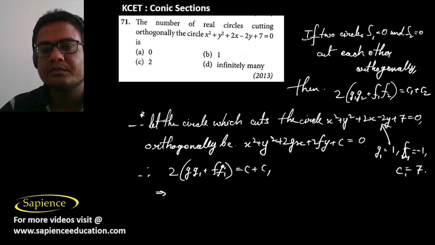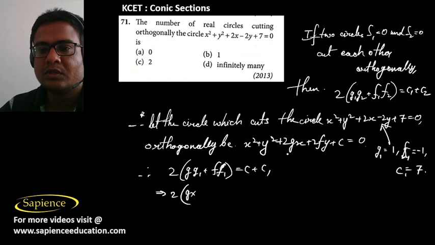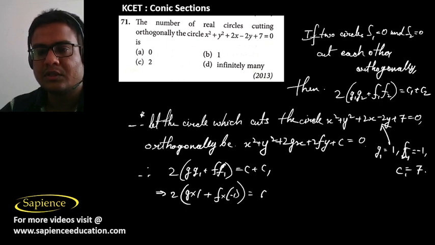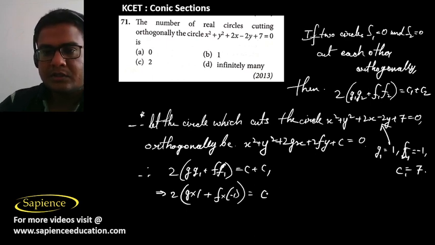So therefore we should have 2 into g into g1, which is 1, plus f into f1, which is minus 1, equal to c plus c1, which is 7.